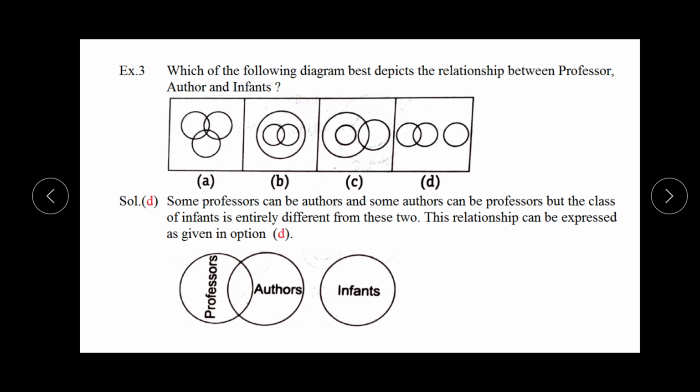So by the fourth option we can represent professors and authors, and infants are a totally different class from professors and authors.